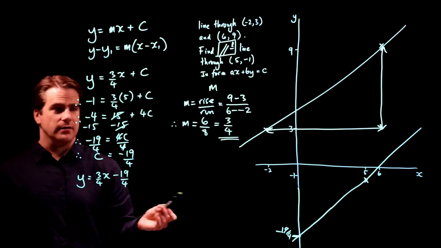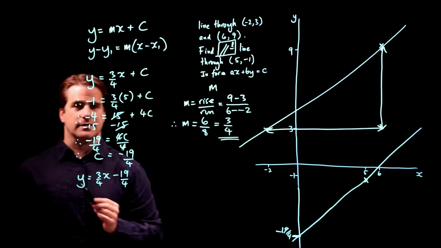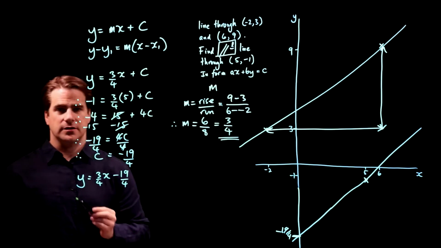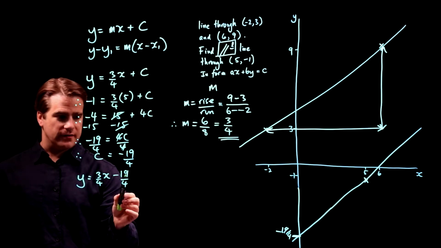We've found it, but the question asked us to put it in the form ax plus by is c, where a, b and c are integers. So it's not in that form yet because that's not an integer, neither is that.